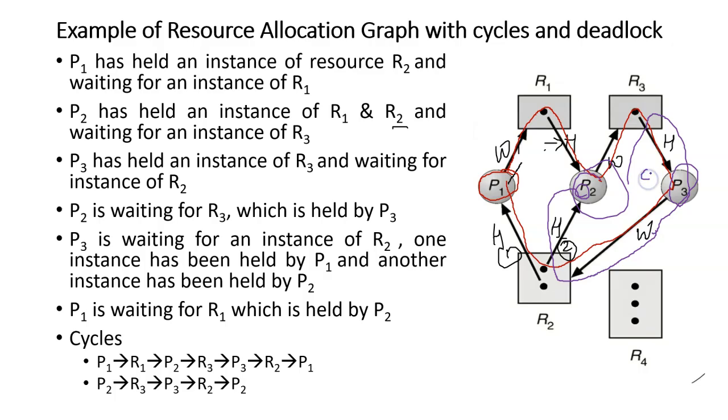So this is cycle 2 and this one is cycle 1. So in this case we can say the graph has cycles, then there are chances of the system entering into deadlock.